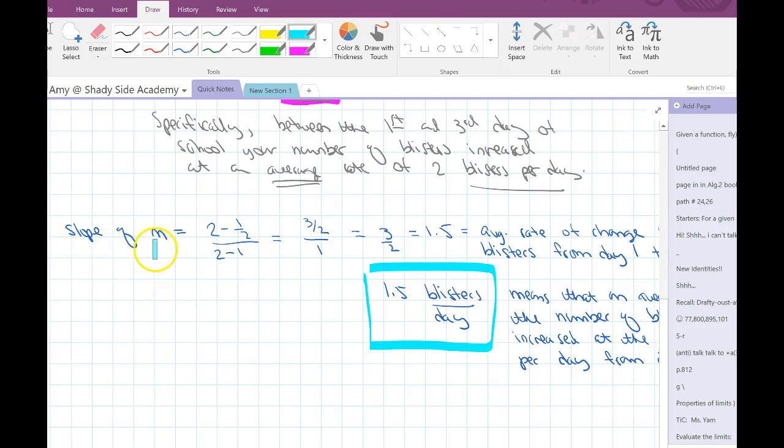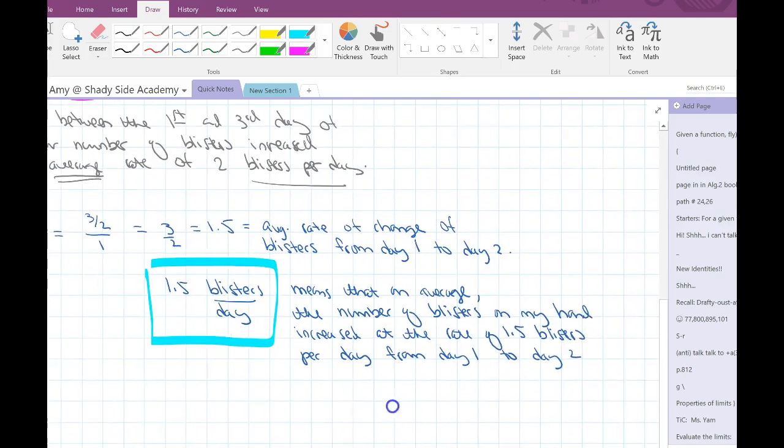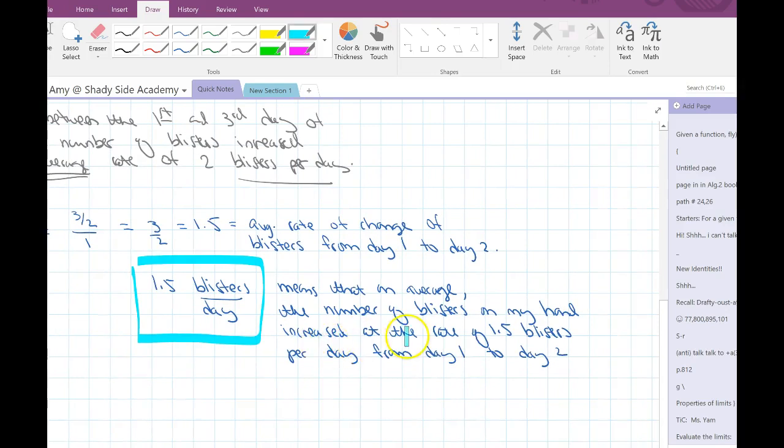Here's the slope of line M, and then I just made it into a decimal. It is the average rate of change of blisters on your hand from day 1 to day 2. The units are blisters per day. This means that on average, the number of blisters on my hand increased at the rate of 1.5 blisters per day from day 1 to day 2.